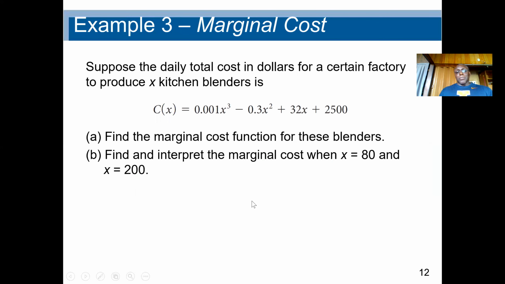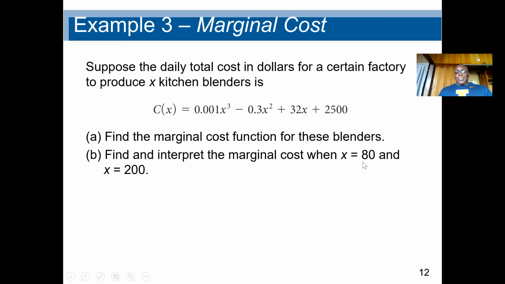So let's see an example. Suppose the daily cost in dollars for a certain factory to produce x kitchen blenders is given as follows. So this is the total cost function. A, find the marginal cost function for these blenders. Then B, find and interpret the marginal cost when x equals 80 and also when x equals 200.